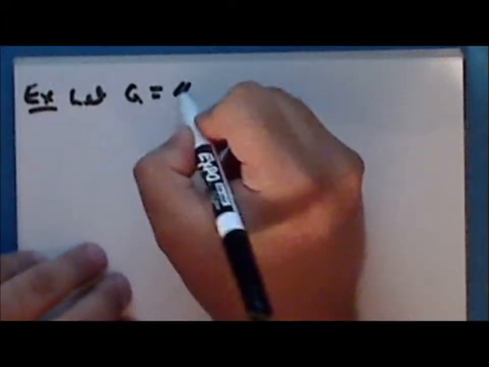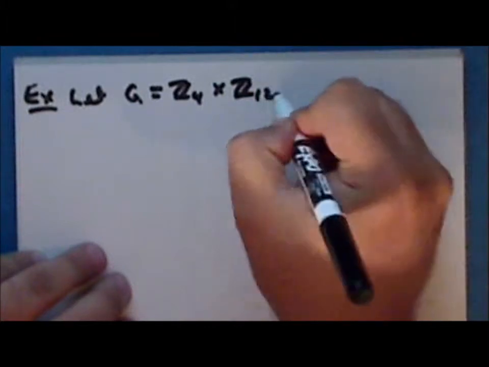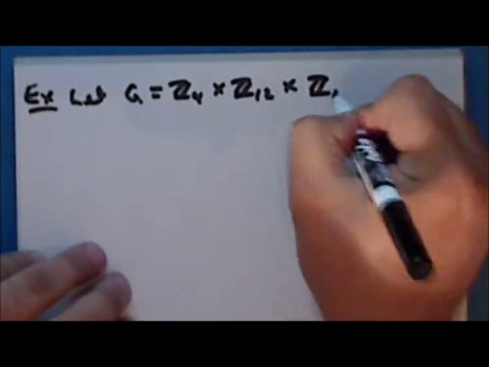So as an exercise, let G be the direct product of the integers modulo 4 times the integers modulo 12 times the integers modulo 15.